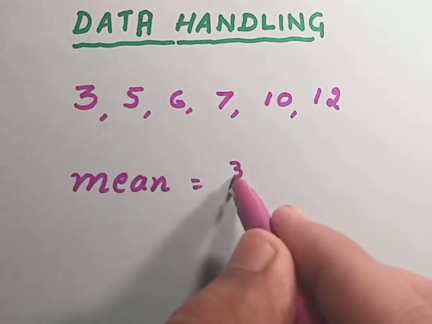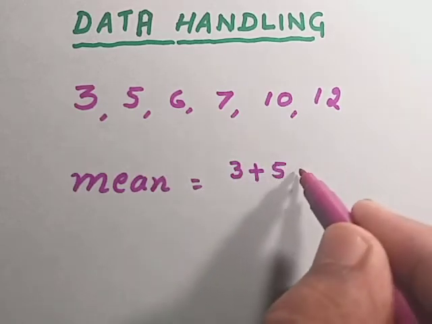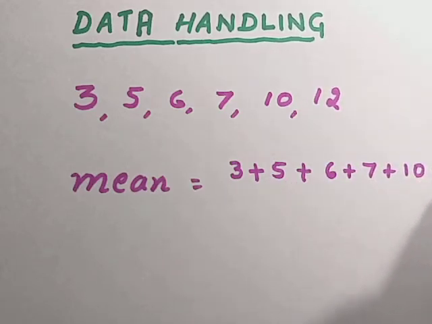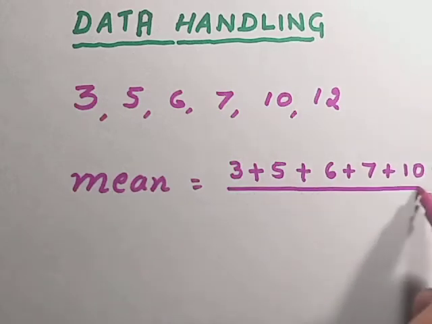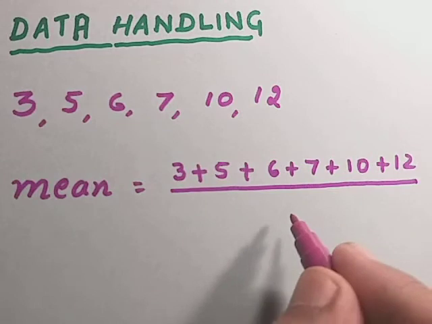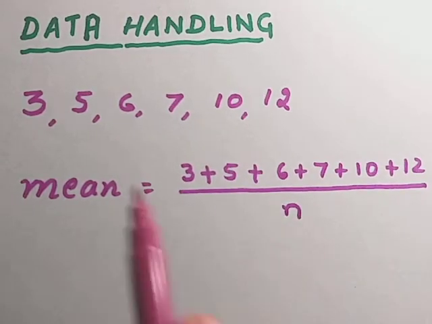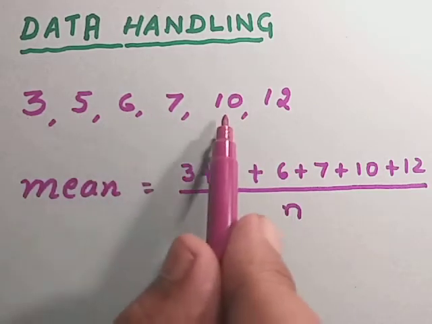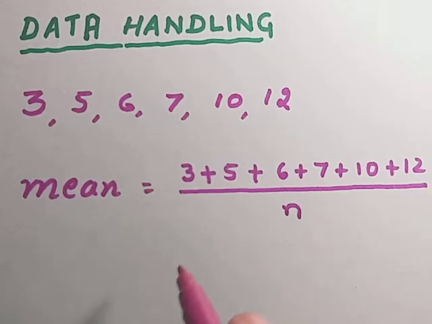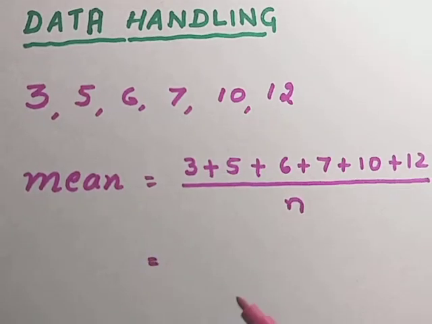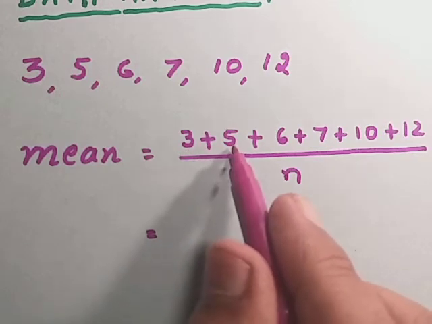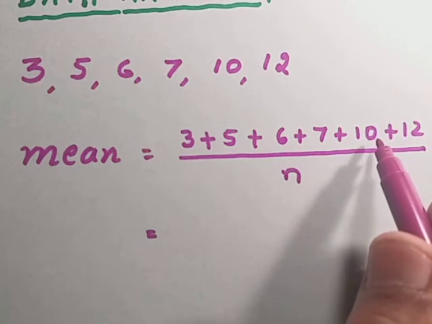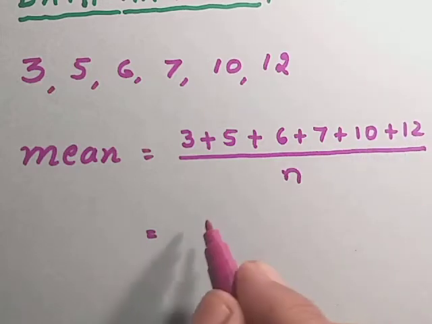the addition of all the numbers, that is 3 plus 5 plus 6 plus 7 plus 10 plus 12 divided by n, where n represents the number of elements present here: 1, 2, 3, 4, 5 and 6. Therefore, this is equal to 3 plus 5, 8, plus 6, 14, 14 plus 7, 21, 21 plus 10, 31, 31 plus 12, 33.